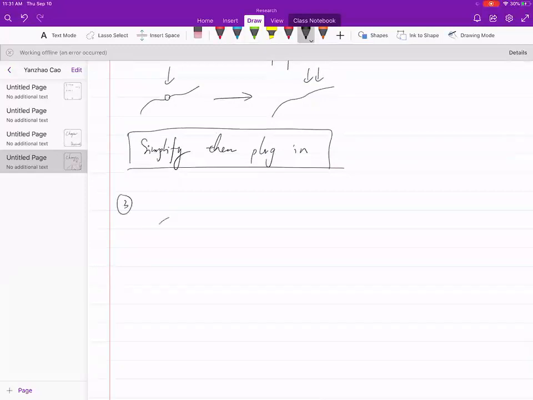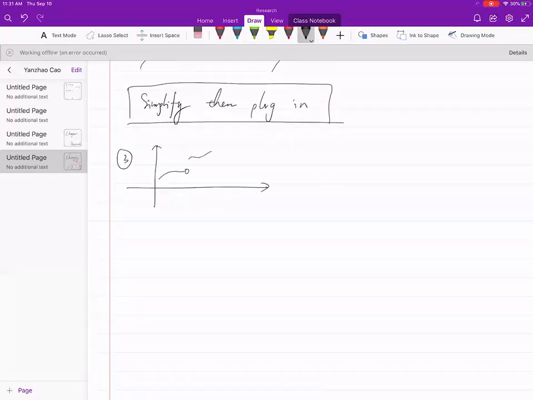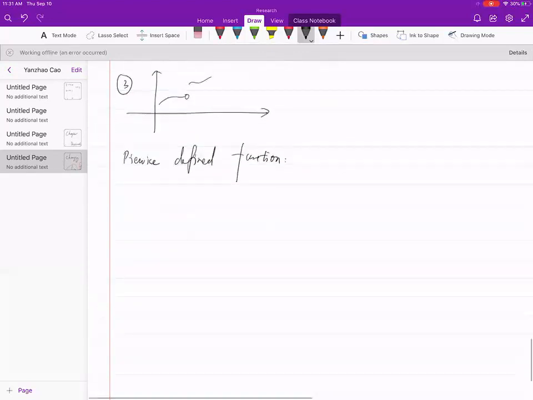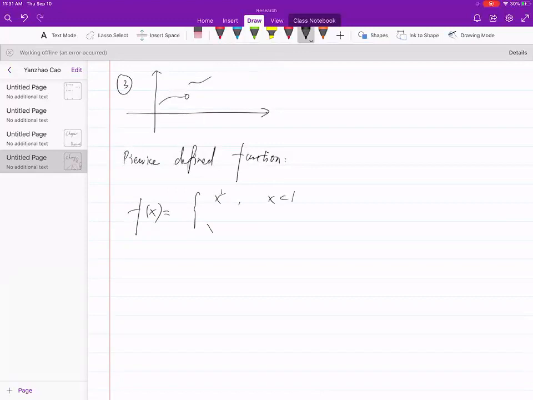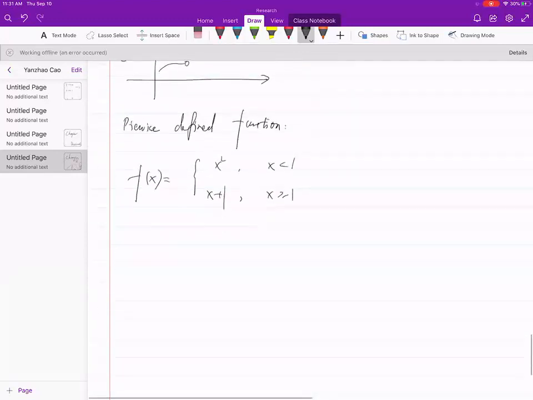Third case, something that looks like that. Now we have said this, it's a piecewise defined function. That means we have something that looks like this. Okay.